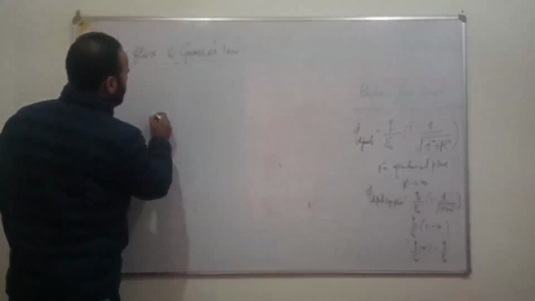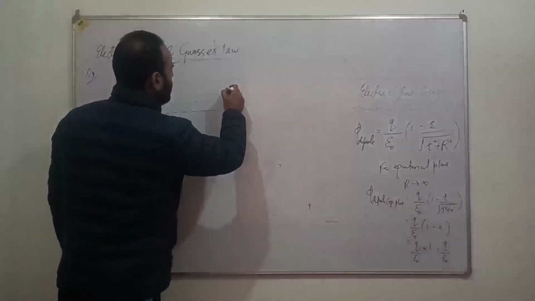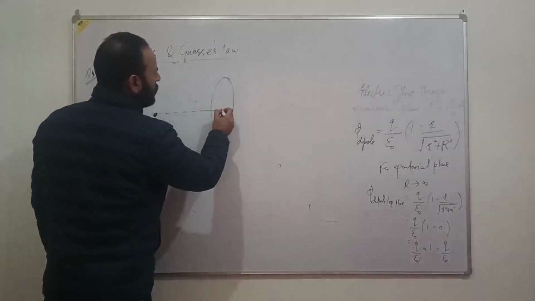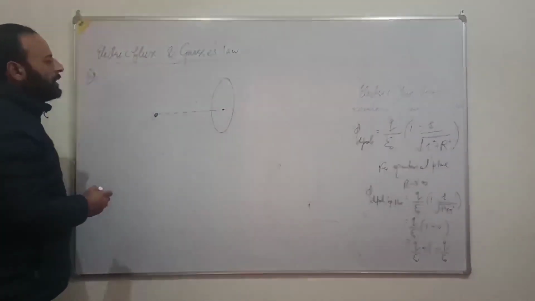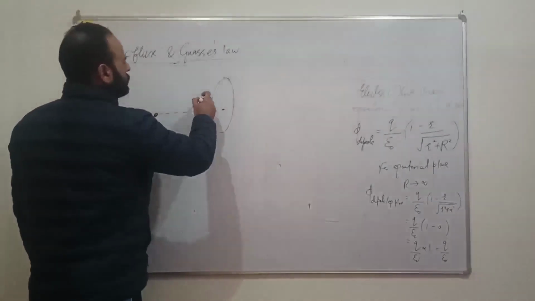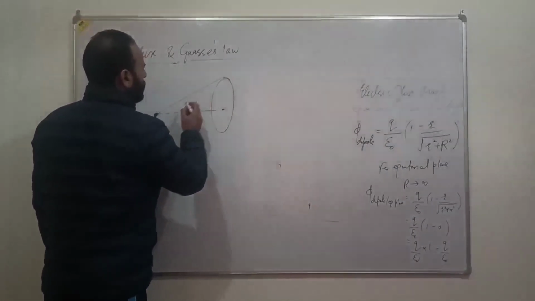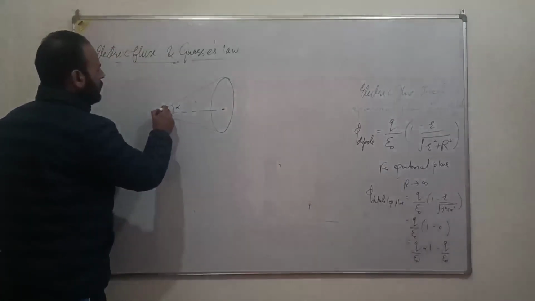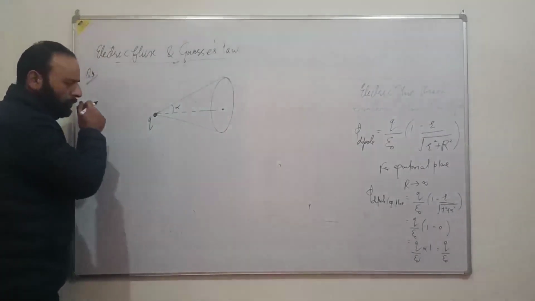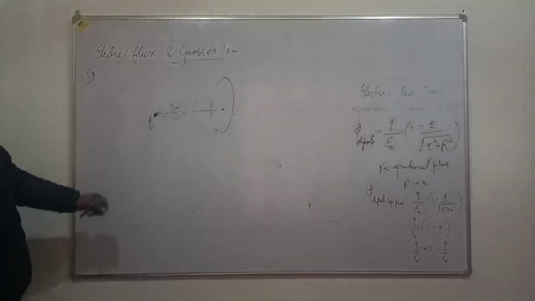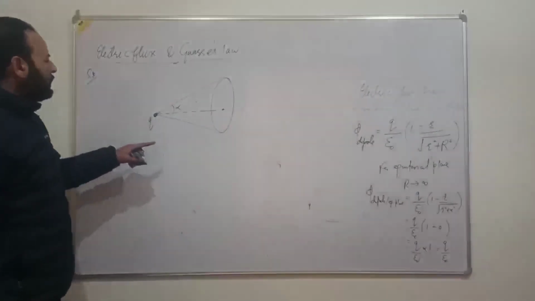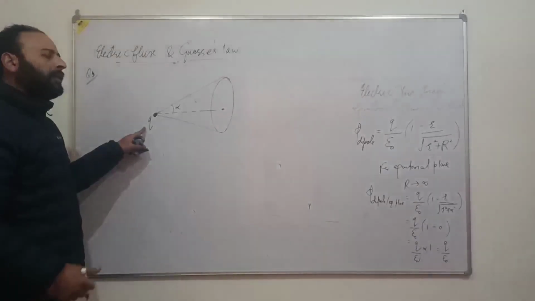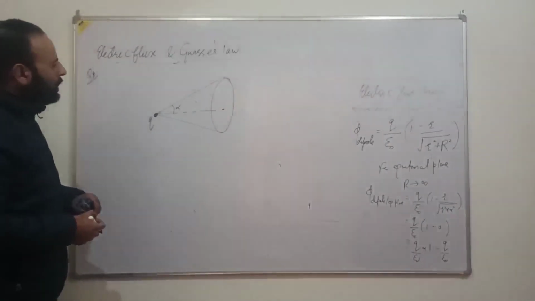And here we have a disk, right? So this is the axis of the disk. Now, this is the semi-vertex angle, and here it is charge Q. Now, by Gauss's theorem, the electric flux through any closed surface enclosing this charge Q is Q divided by epsilon naught.